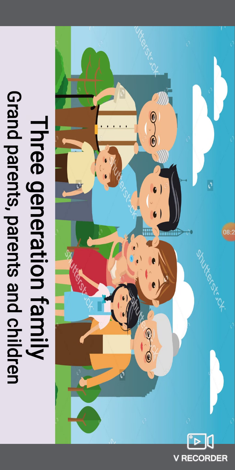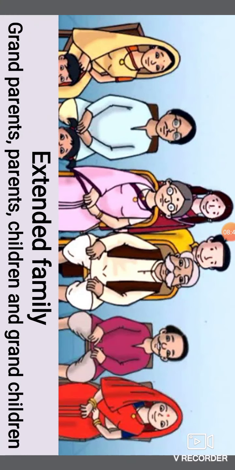A family that includes grandparents, parents, and children is called a family of the third generation. A family that has grandparents, parents, children, and grandchildren is called an extended family.